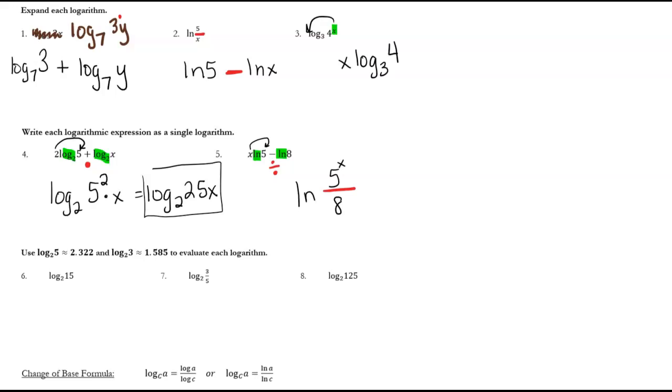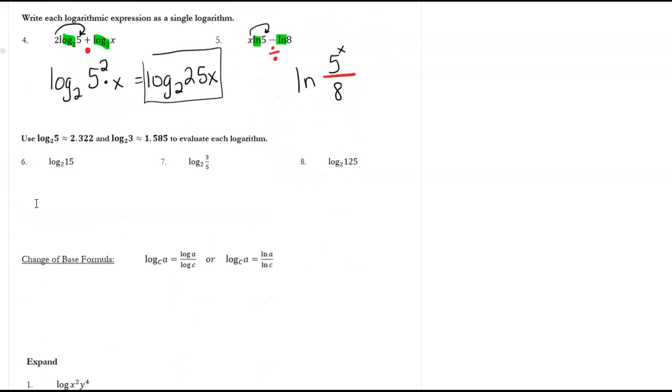Okay. When we do problems like 6 through 8, a lot of times your calculator does not have the function to do this. And so what we do is we're going to figure out, they all have log base 2, right? And so we're going to figure out, how can I make my number based on a 5 and a 3? And so this is going to be log base 2. I got to get a 15.